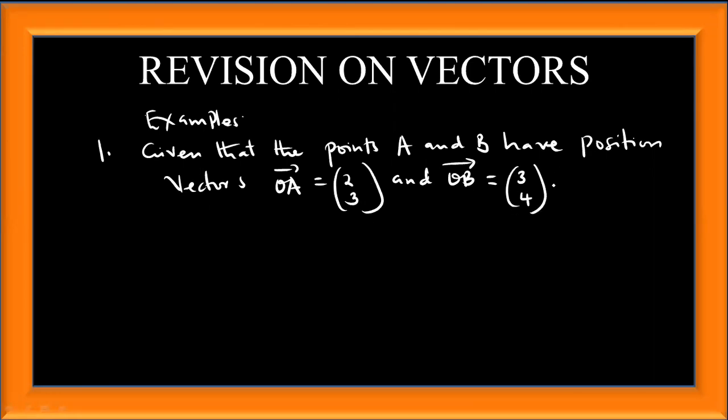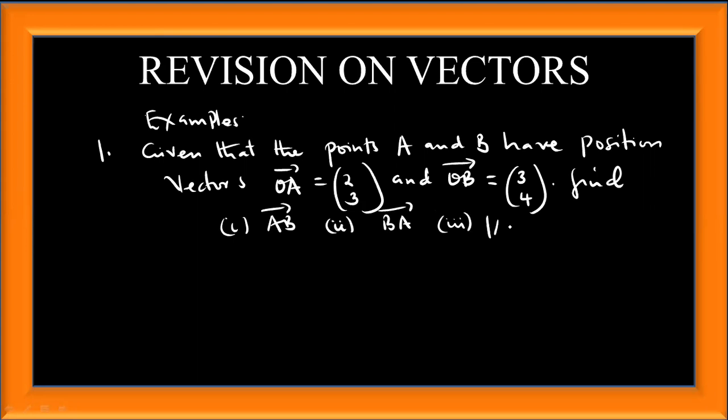They can ask you to find, for example, vector AB. They can as well ask you to find vector BA, and later we shall look at how to find the magnitude, or length, of each of them.